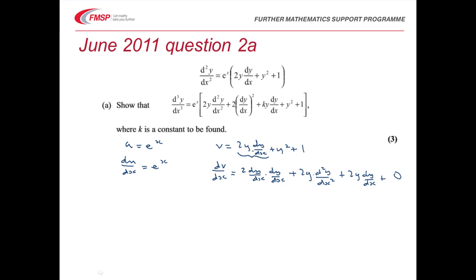So now I can bring all this together in my product rule to get d3y by dx cubed is du by dx times v, and take your time copying this out, making sure you don't make any little slips, plus u times dv by dx. And tidy it up a little bit, there's a dy by dx squared there as I'm going along.